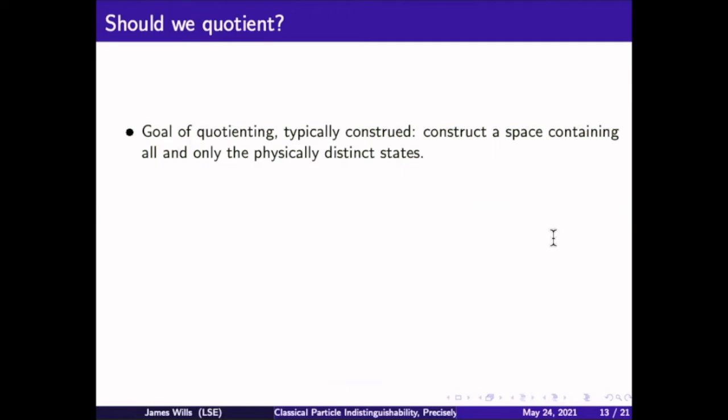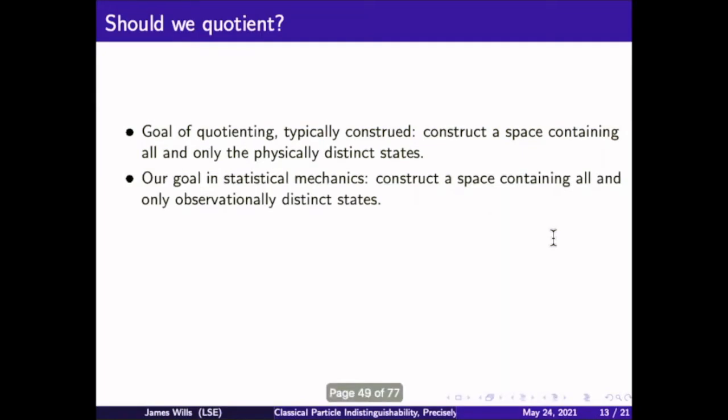Delving into this a little further, what we're really doing here is reducing with respect to a particular equivalence relation, which is physically equivalent to. Our goal in statistical mechanics is rather different. We're not concerned with creating a space of all and only physically distinct states. In fact, as far as we are concerned, M might already do that.